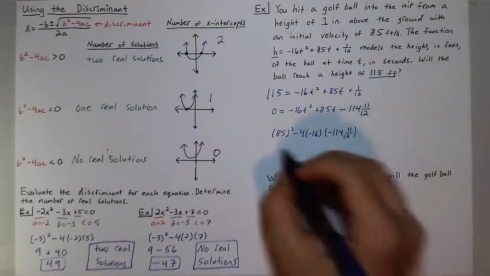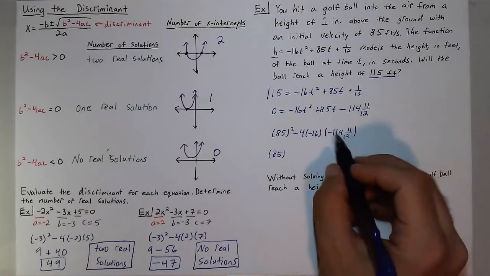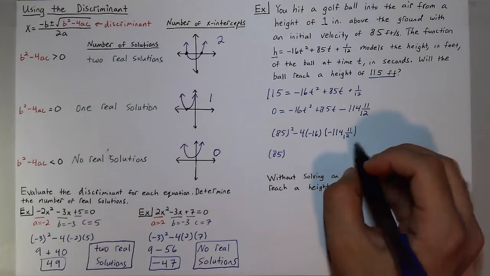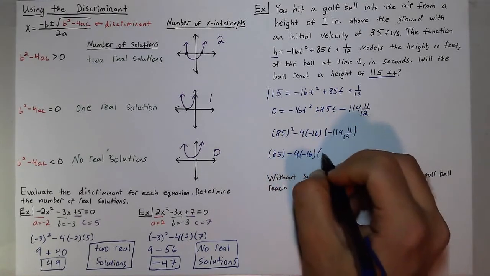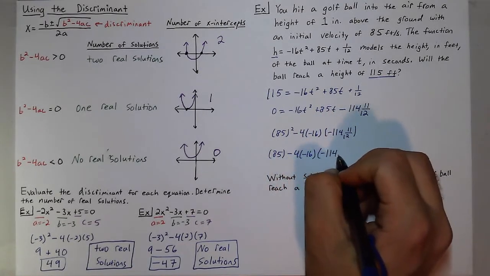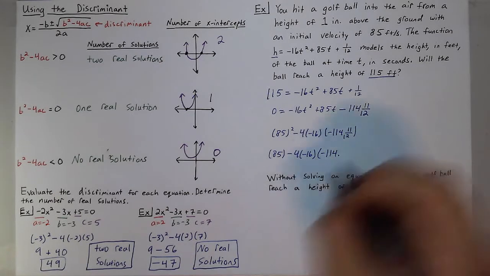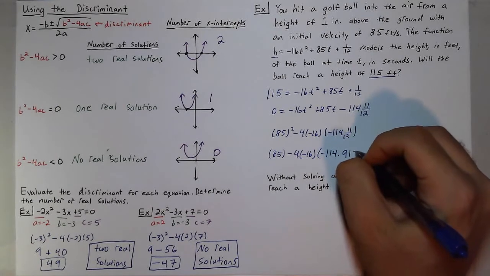Now, to plug that into my calculator a little bit easier, I'm going to figure out what this number is, negative 114 and 11/12, which would be negative 114 point 11 divided by 12, which is 0.916 repeating, so 917.